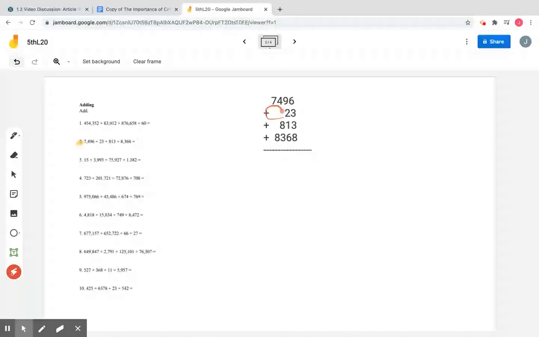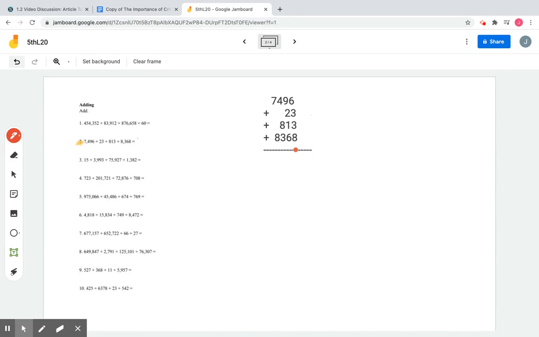That's why I left this space here, and it's the same when we add. So I'm going to add this column first, and then this column and this column and this column. So I'm going to add the numbers in ones place first, and then this place and then this place and then thousands place.